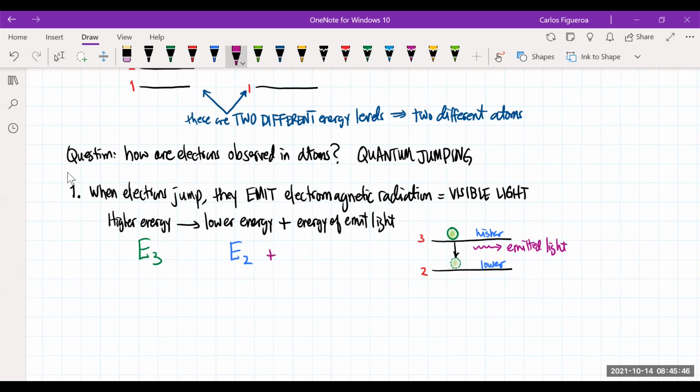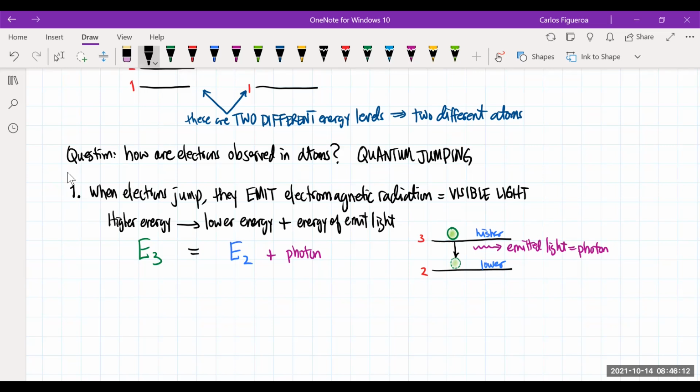A lot of the times people will say, oh, this is light. So this is what they call a photon. So this emitted light is a photon. It's a particle of light. So when electrons jump, they go from a higher to a lower energy.